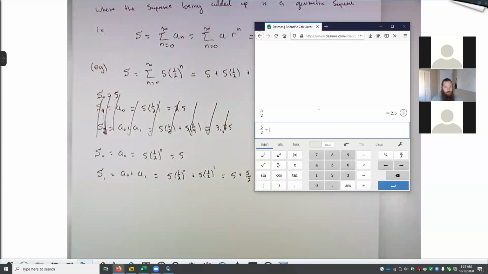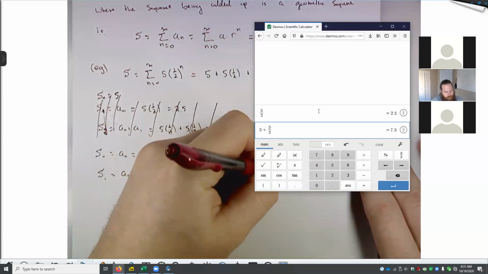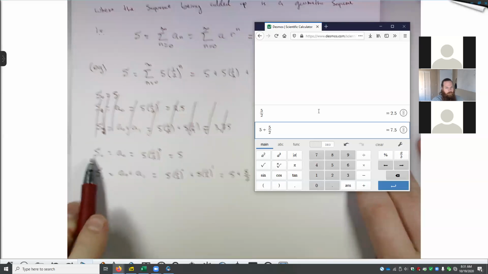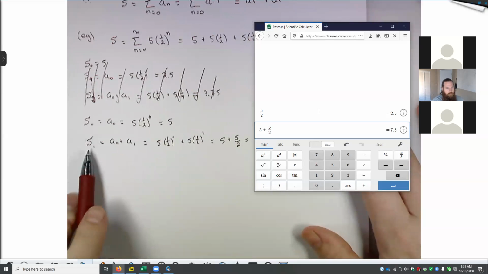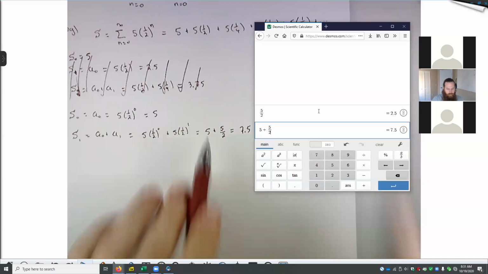And that's 7.5. So S0 is 5. S1 is 5 plus 5 halves, which is 7.5.